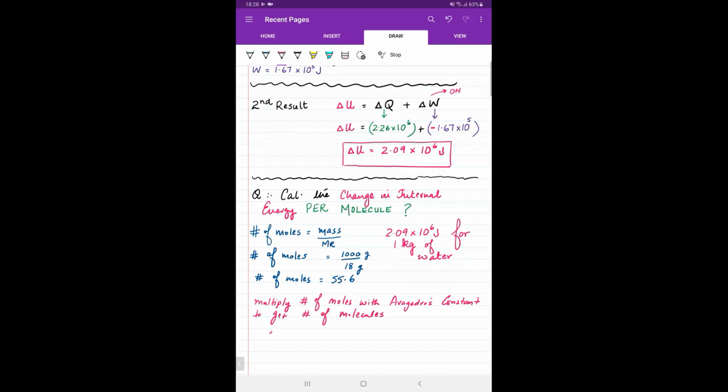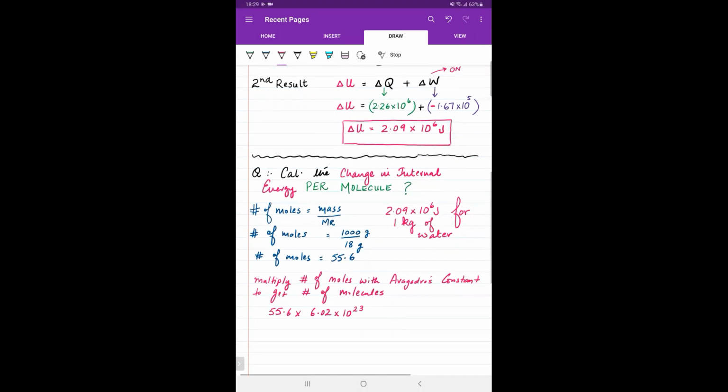So number of moles multiplied by Avogadro's constant, इसका आंसर आई गेस अली ने दिया हुआ है, gives you the number of molecules. अली ने दिया था 3.34 times 10 to the power of 25. So these are the number of molecules present in 1 kilogram of water.